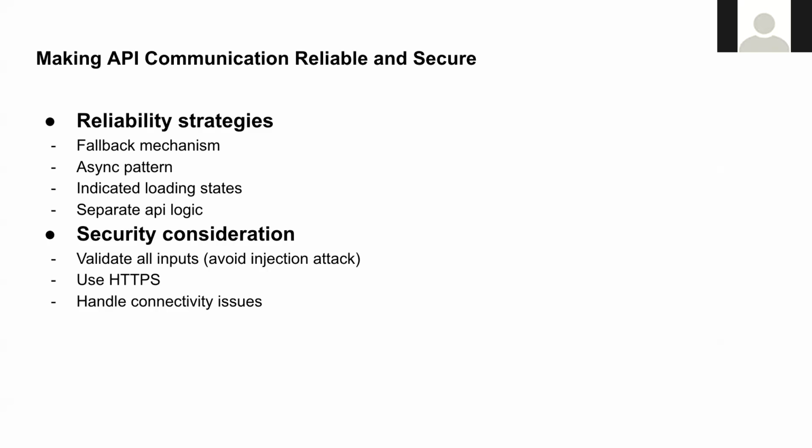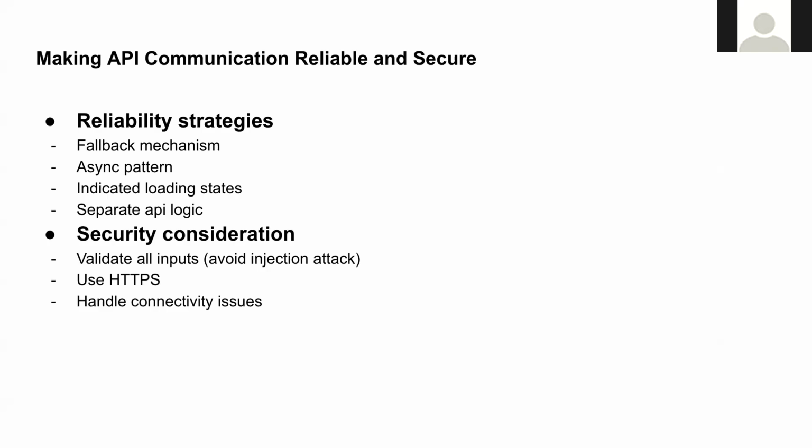From a security perspective, validate all input before sending it to the API, in order to avoid injection attacks, like someone passing JavaScript or something to test; better to avoid that for security reasons. And use HTTPS in the application by adding a certificate. You can try certificates without buying them: you can use open source or free services like Let's Encrypt.